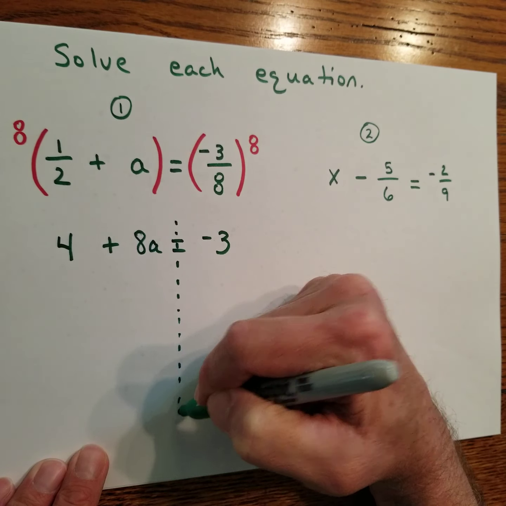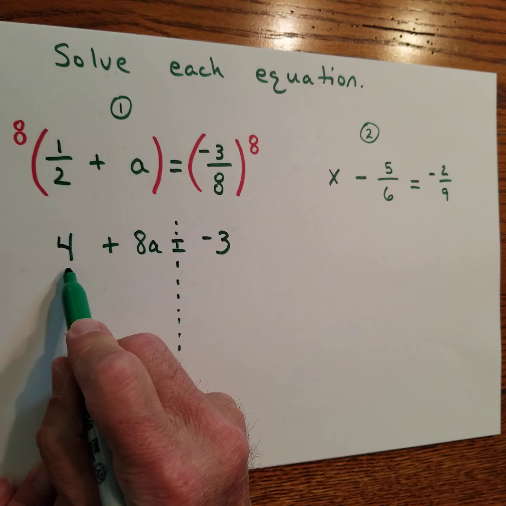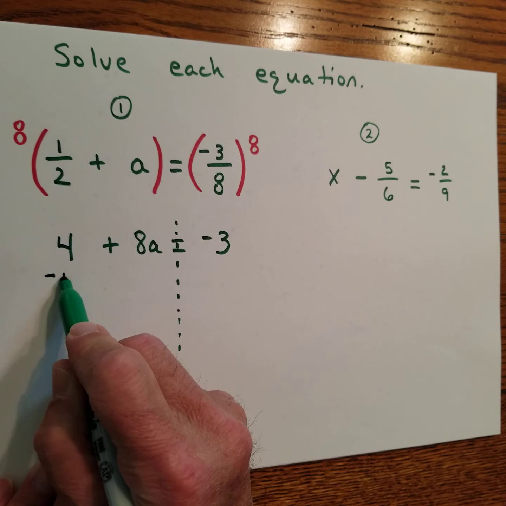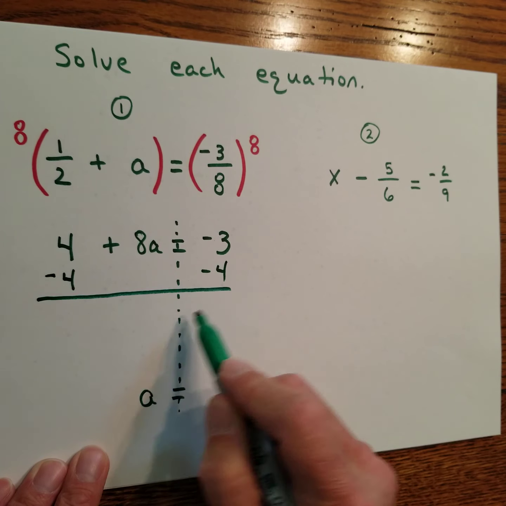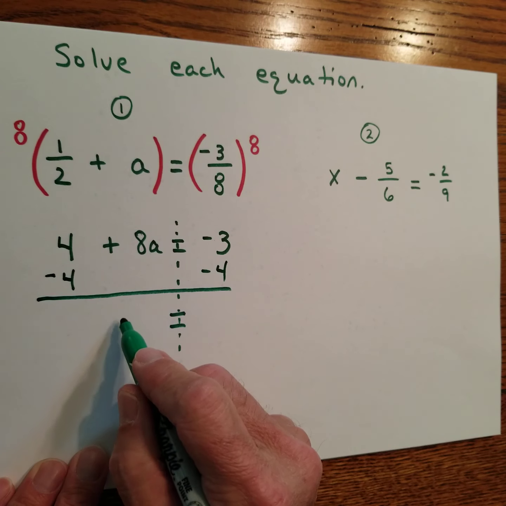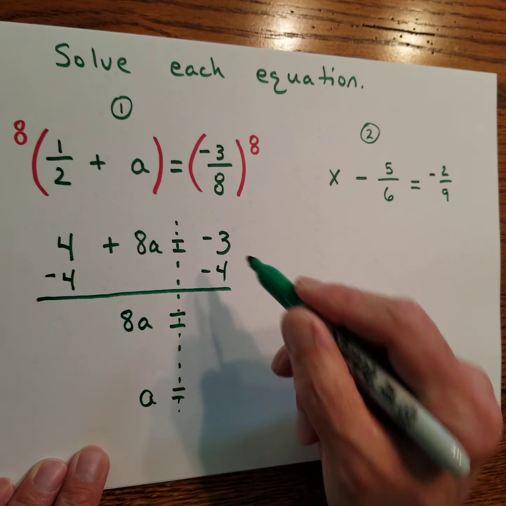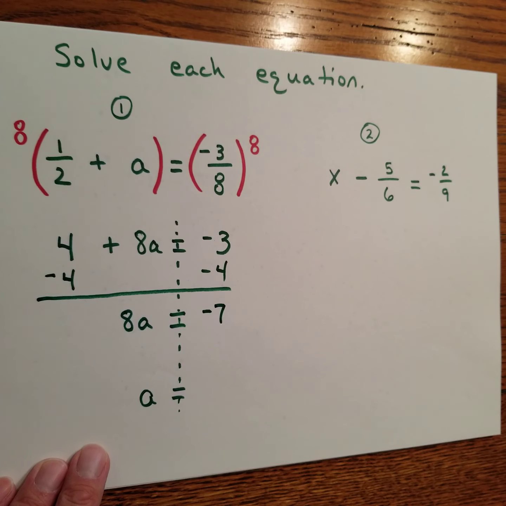My job? Get a by itself, which means this 4 has to leave. Get rid of a positive 4 with a -4. 4 and -4 is 0 plus 8a. -3 and -4 is -7.